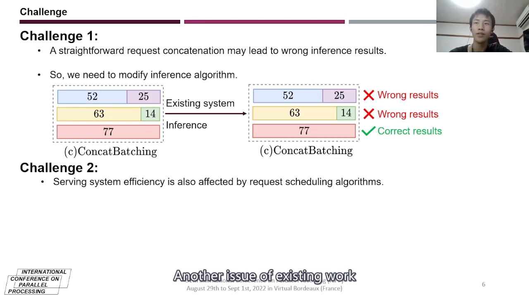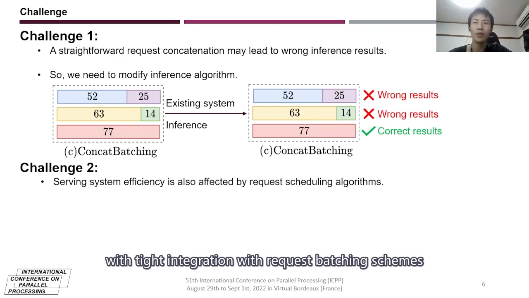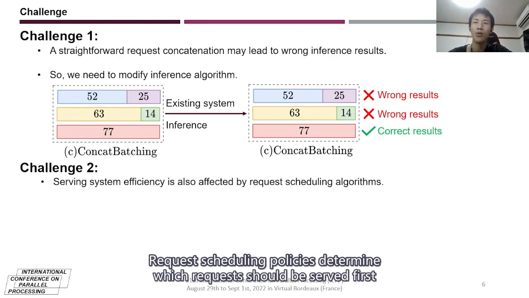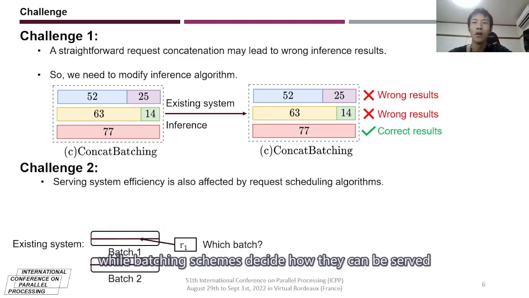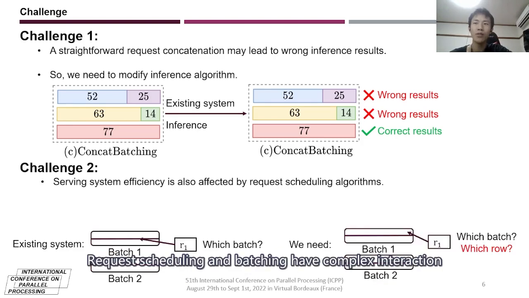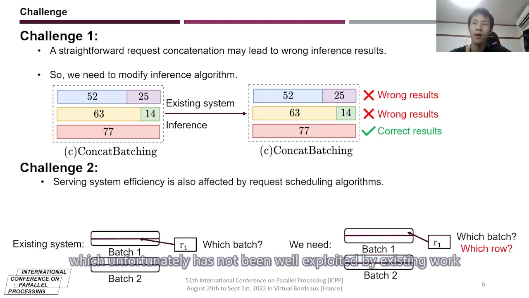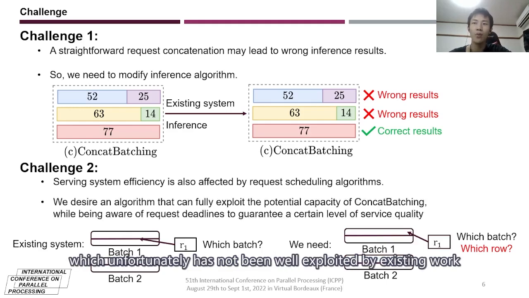Another issue of existing work is the lack of a request scheduling policy. With tight integration with the request batching scheme, the request scheduling policy determines which requests should be served first, while the batching scheme decides how they can be served. Request scheduling and batching have complex interaction, which unfortunately has not been well exploited by existing works.